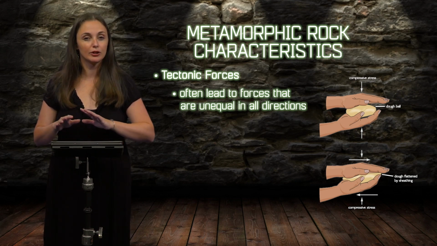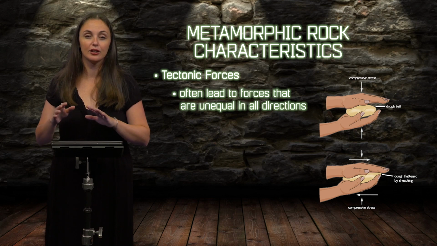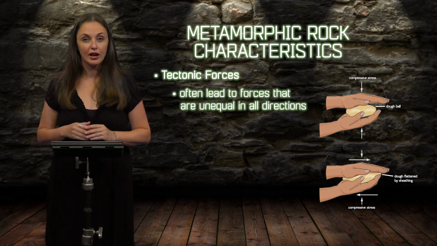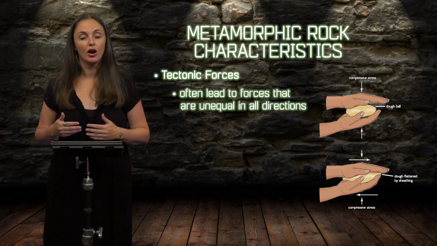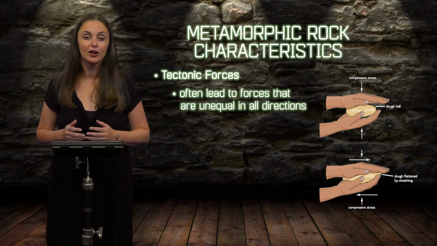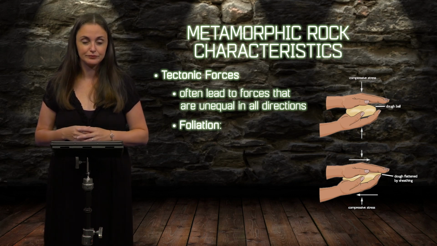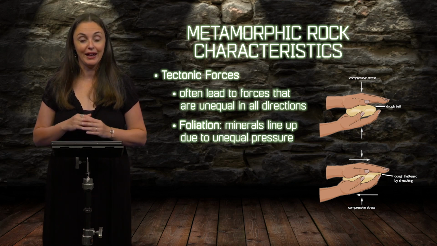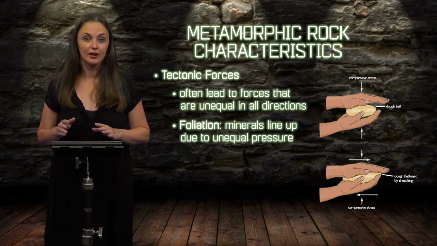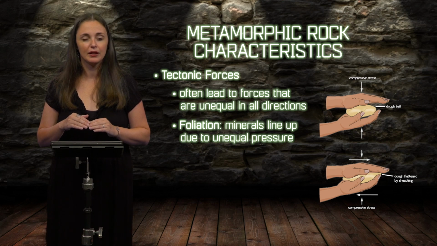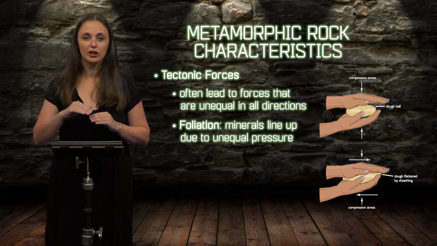So a little bit later, we're going to talk about how plate tectonics relates to metamorphic rocks in more detail. But for now, just know that those stresses are the primary reason why most, not all, but most metamorphic rocks experience foliation. So one of the most beautiful things about metamorphic rocks is that they tend to be banded. Unlike something like an igneous rock or even sedimentary rocks, you have an alignment of the minerals in one particular direction.